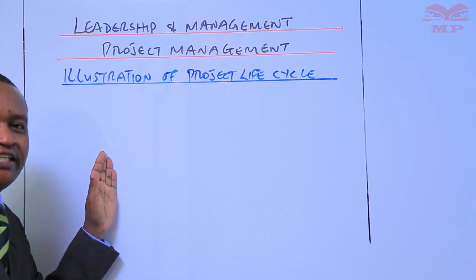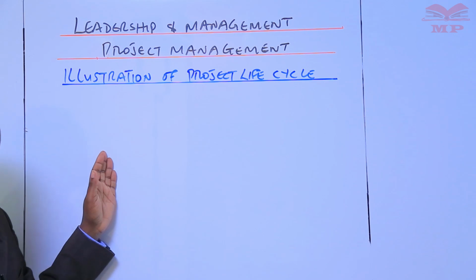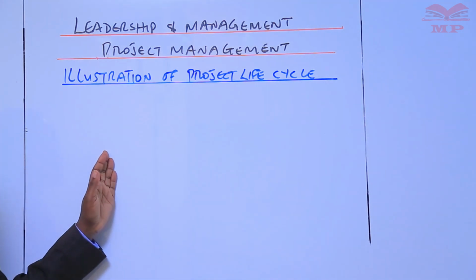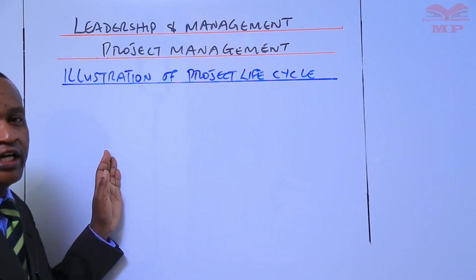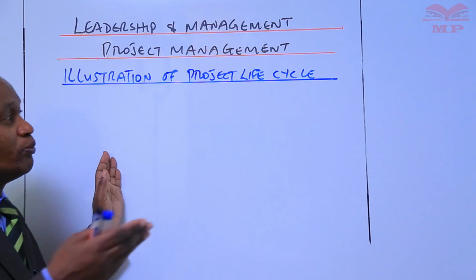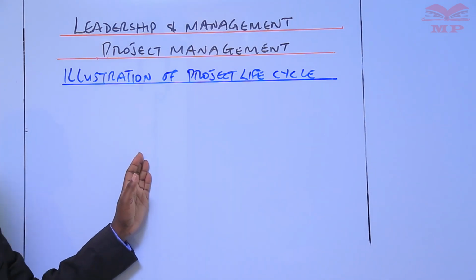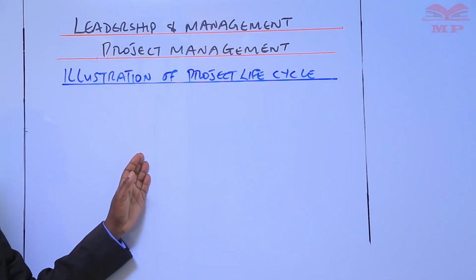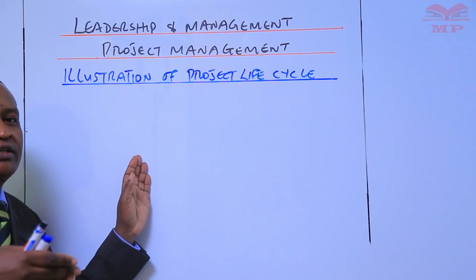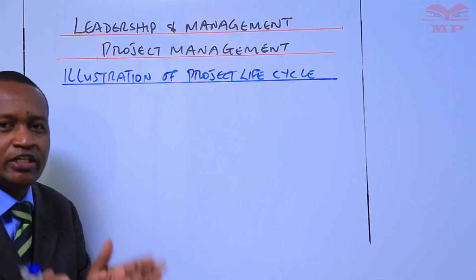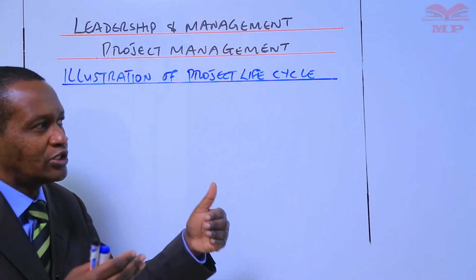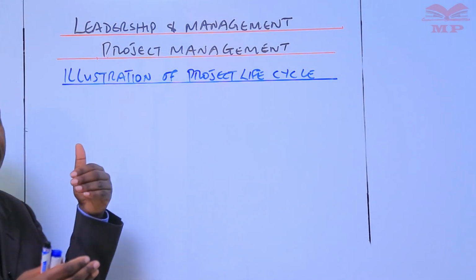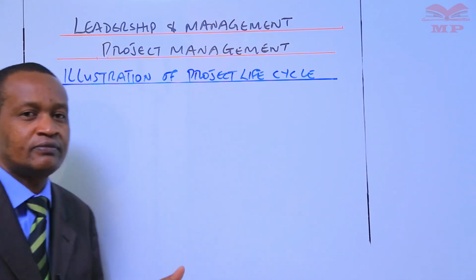And candidates, dividing efforts into phases helps the project managers to ensure that the project is completed within time. It can help the managers structure and simplify the tasks into a series of logical and manageable steps.